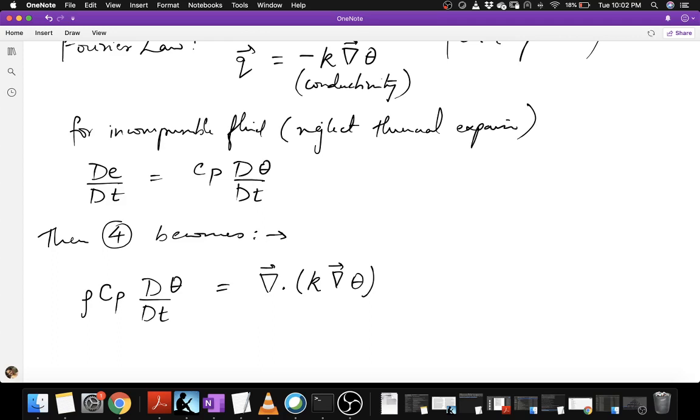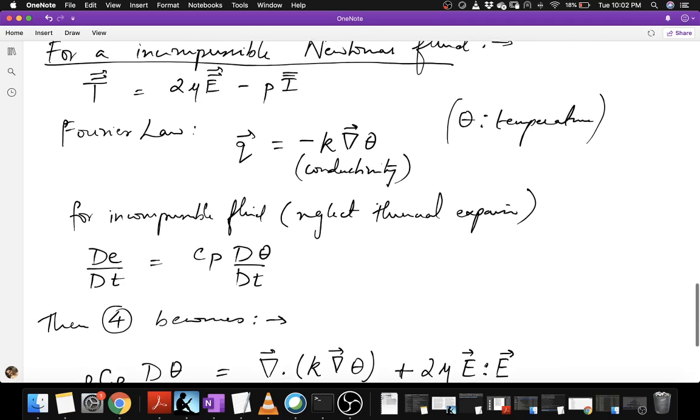Now the negative sign is lost because of the constitutive equation, where the thermal flux happens down a temperature gradient, and then the other term, which comes from the surface stresses after applying Newton's constitutive equation, becomes simply 2 mu times E double dot E.